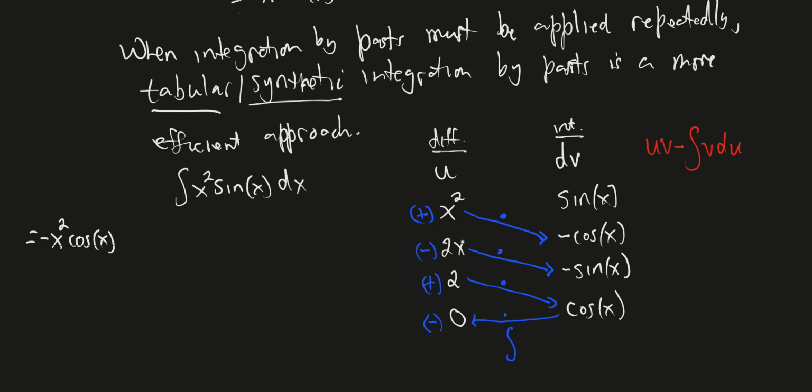Next, I'm going to take a negative 2x and multiply a negative sine x. That's going to give me a positive 2x sine x. And then finally, I'm going to have a positive 2 times a positive cosine. So that's going to give me a positive 2 cosine of x. Now at the bottom here, I'm supposed to have the negative of the integral of 0 times cosine of x, or cosine of x times 0.